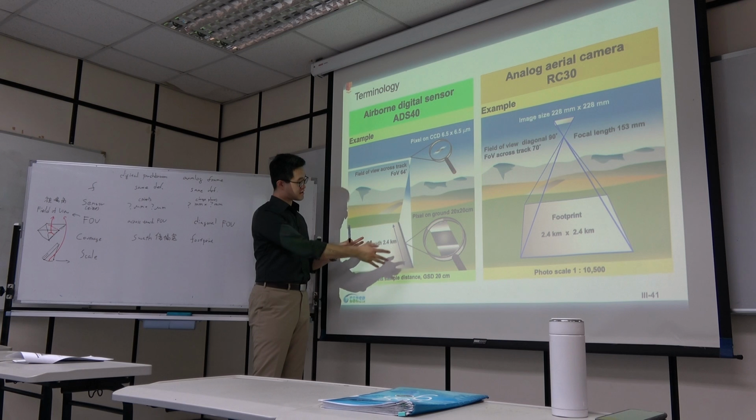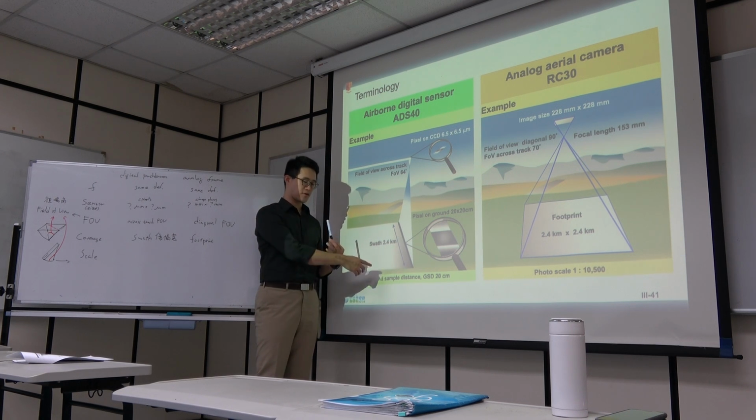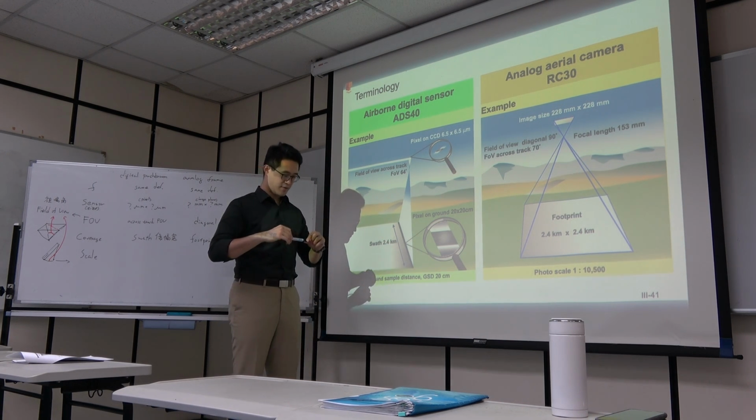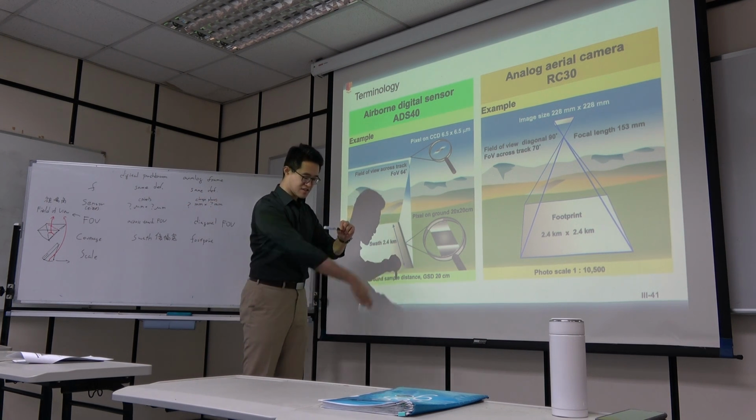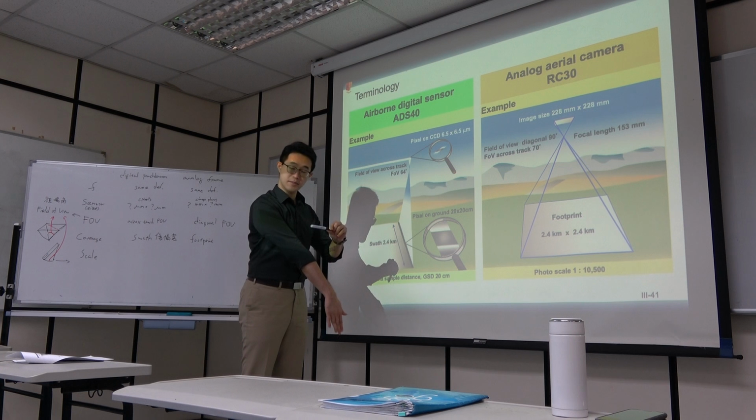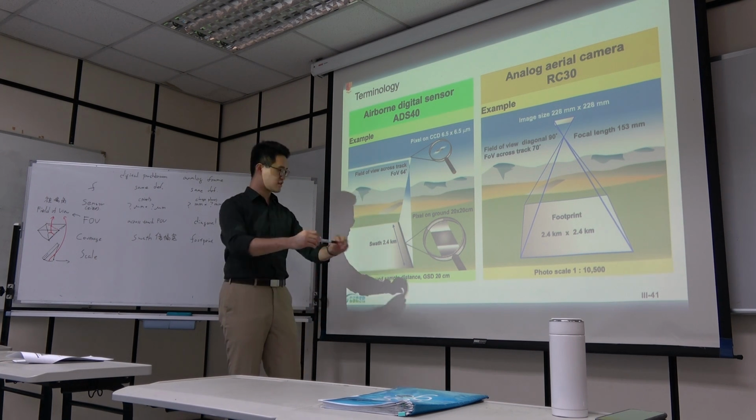In this case, the swath is 2.4 kilometers, which means that every time you are flying at a different time point, you are scanning this 2.4 kilometer range. So that's the swath.